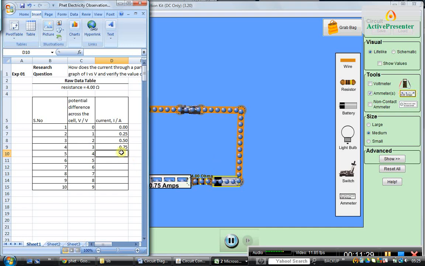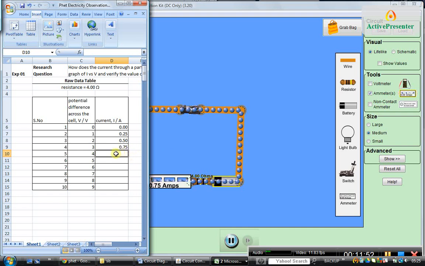I want you to get the practice for doing this experiment, so do it each time by changing the voltage of the battery and measuring it in the ammeter. When you go to the lab, you would find that you won't get such exact values. They will be fluctuating either up or down from the expected value, either more or less than the expected value. That's natural. So that's how reality is different from a simulation.